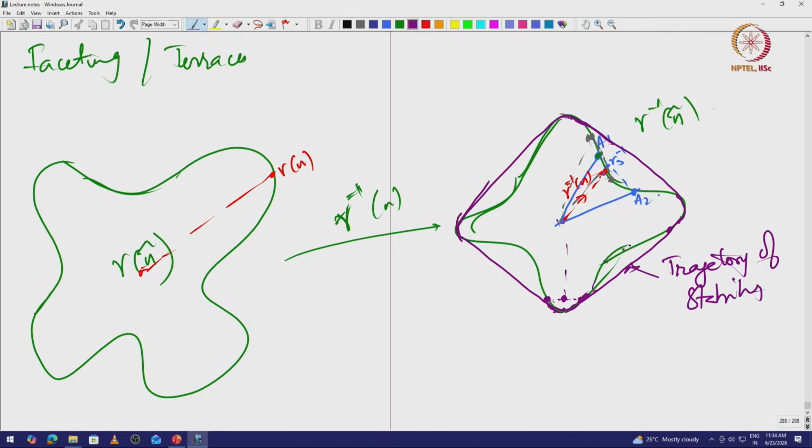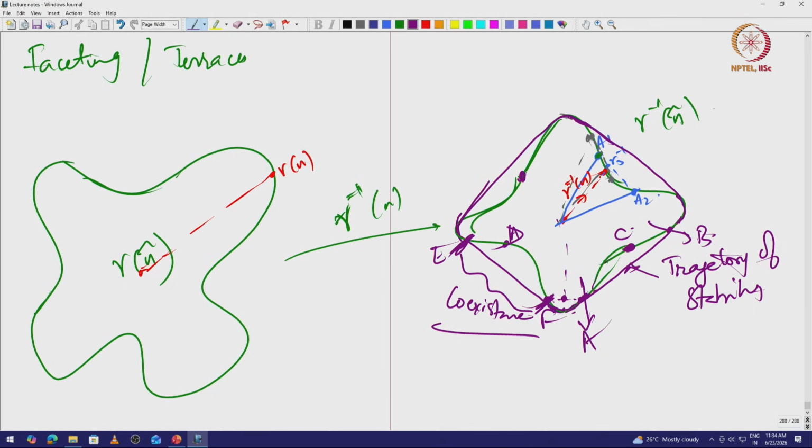Okay. So, if there is a point here, right, that point is going to split up into this facet which is A, and this facet which is B, and this point is C, right. Similarly, if there is a point here, that is going to split up into this facet and this facet, right. So, this is like my coexistence, right. Even in phase diagrams I have a coexistence of this facet and this facet. So, let us say D splits up into E and F. Okay. Similarly, something like D, E, F, G splits up into H and I. Okay.